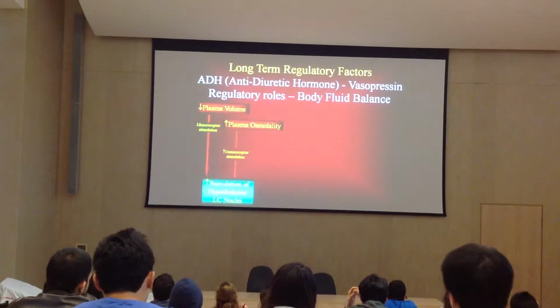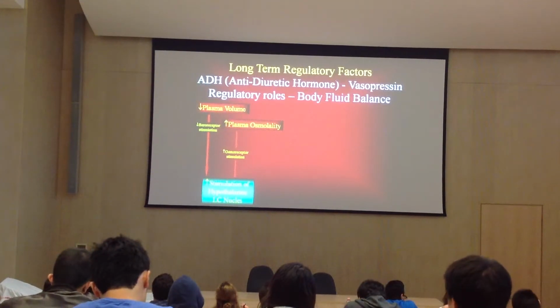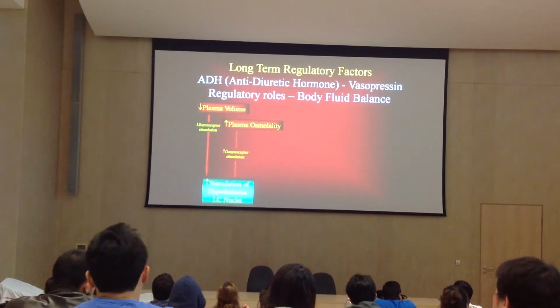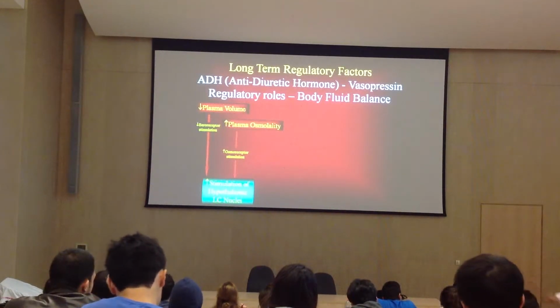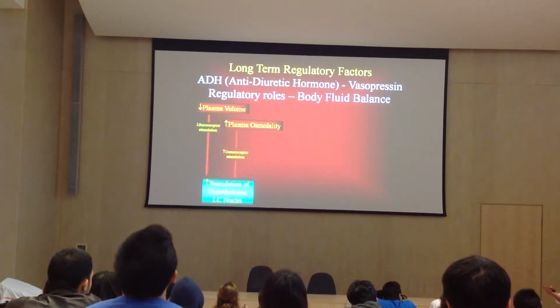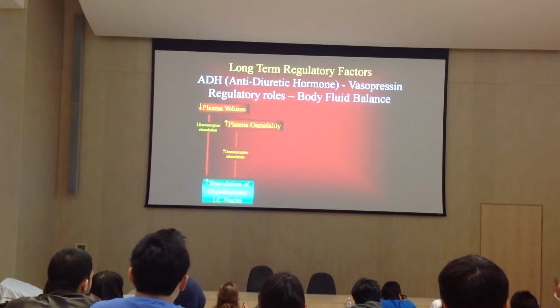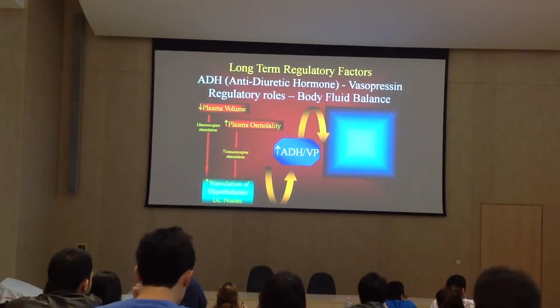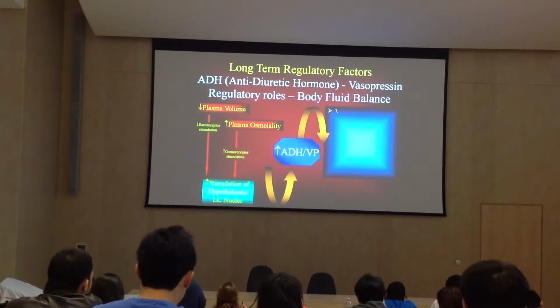In the case of acute dehydration, you have the same. Not to mention that the decrease of plasma volume, as we mentioned before, activates angiotensin II. So angiotensin II can also stimulate the system, combining the renin-angiotensin system and the ADH system to go for the same target, that is, to normalize plasma volume and plasma osmolarity.